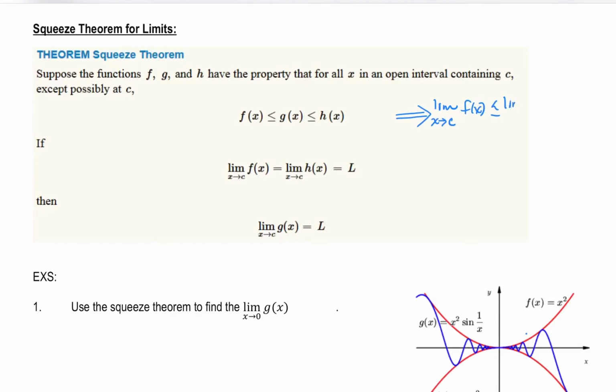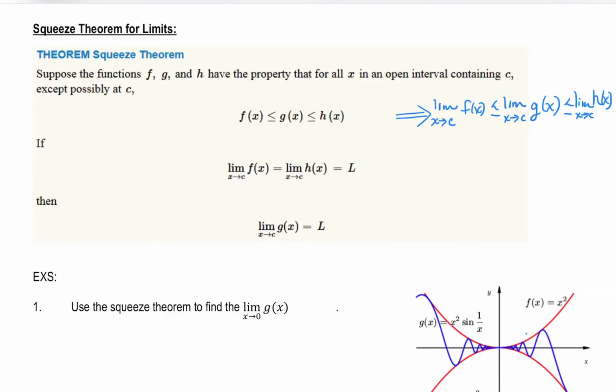So the limit as x approaches c of f of x should be less than or equal to the limit as x approaches c of g of x, should be less than or equal to the limit as x approaches c of h of x.